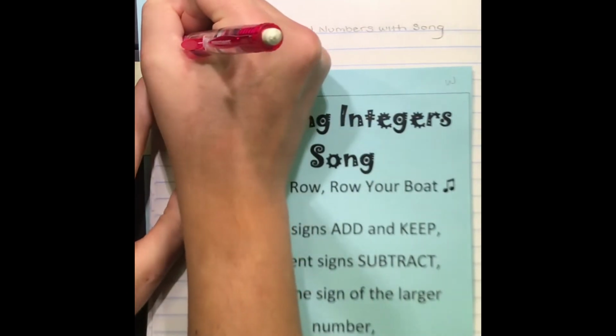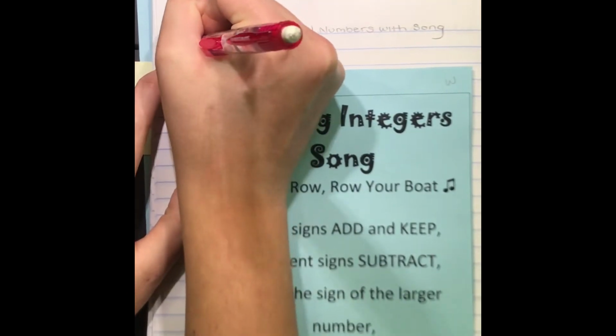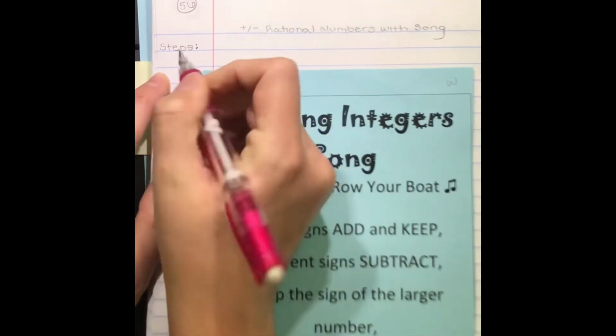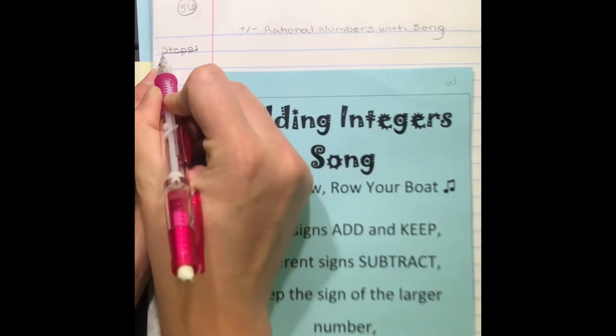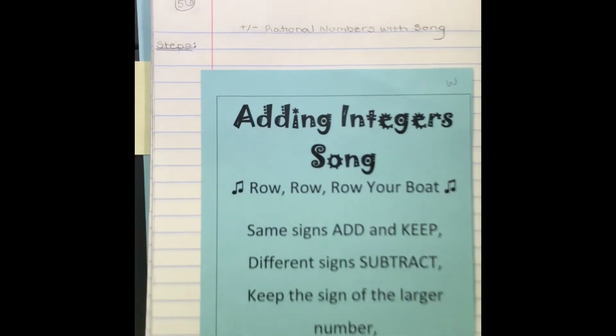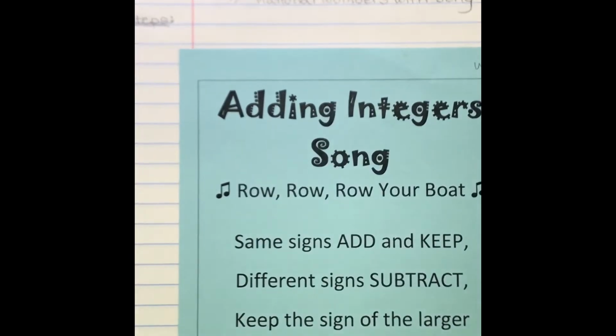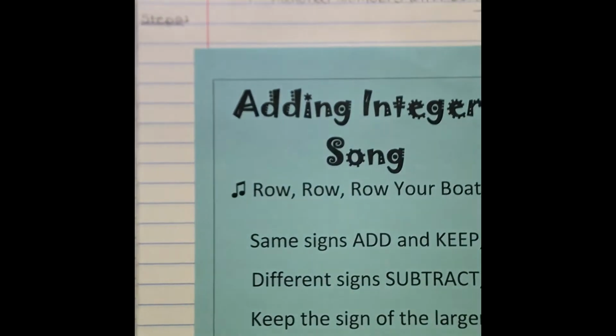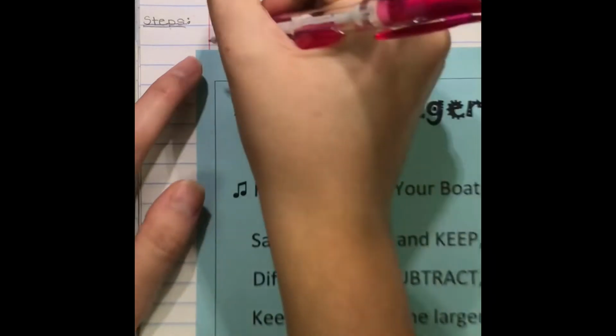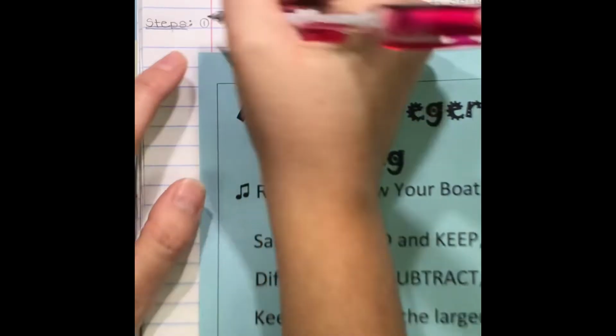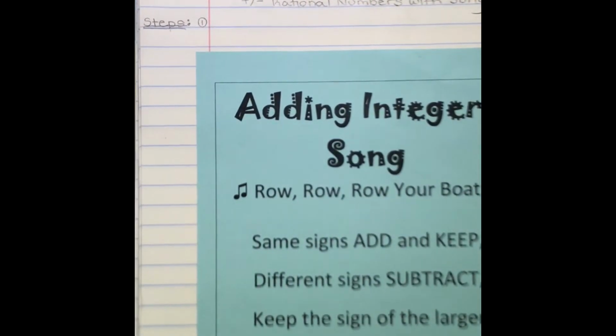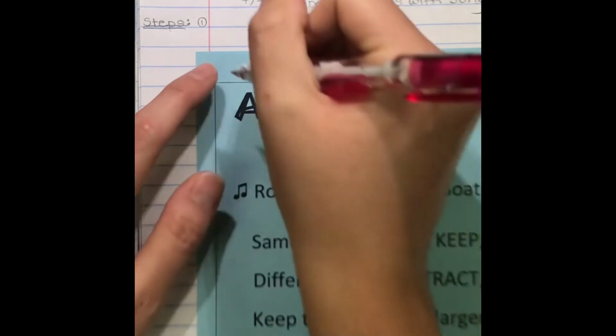So I want to add some steps. Okay, so the first step, and I will explain to you what these mean in a minute, but I want you to just write them down.